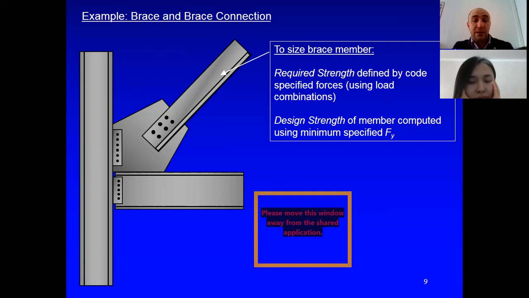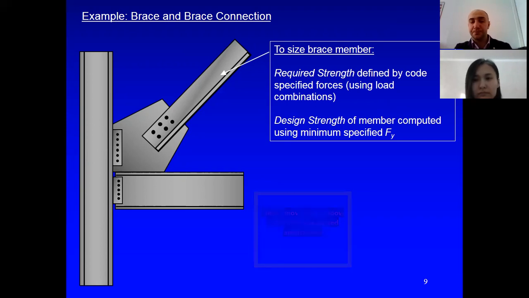Thus, when sizing the brace for specified loads, it's conservative to assume the yield strength of the brace material is again the minimum specified value.